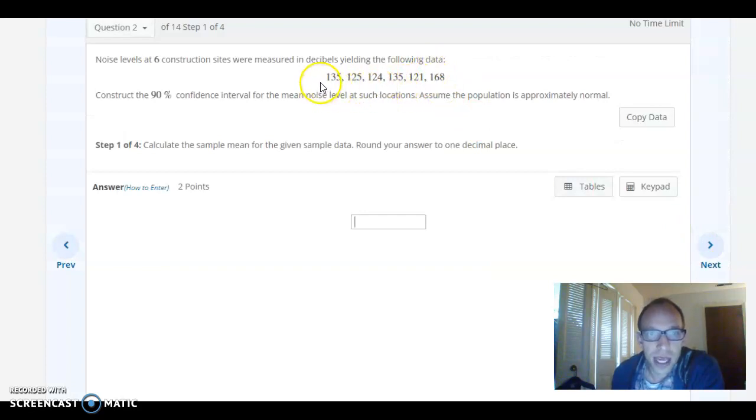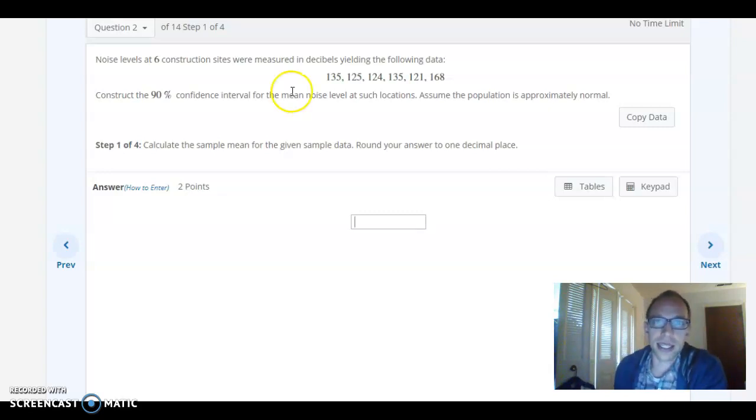In this case, we have 6 actual data points, and we want to construct a 90% confidence interval for the mean. So the first misconception, I think, or the problematic point is what kind of procedure to use, a Z procedure or a T procedure. Because if you're using the calculator or SPSS or even Excel, you really need to know which of those two you're going with.